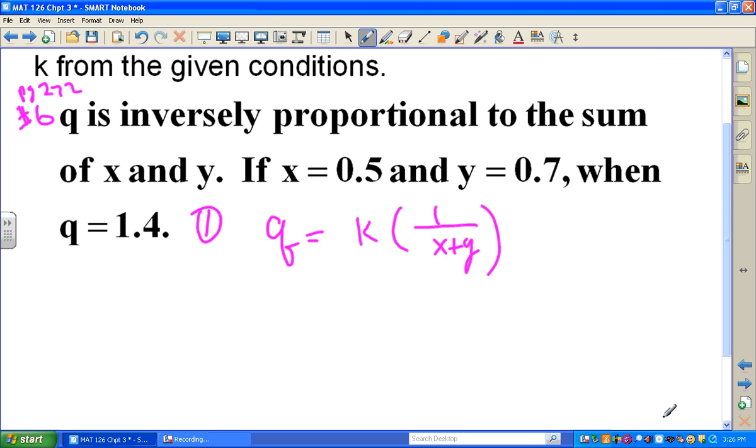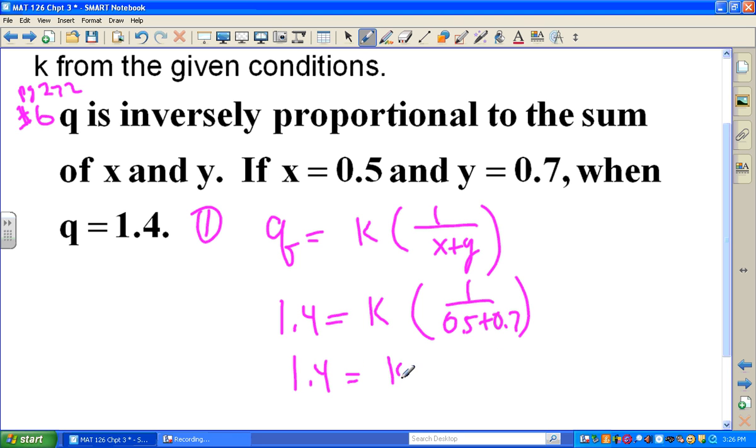And now we're going to move on and put some numbers in. 1.4 equals K, we're going to solve for K, 1 over 0.5 plus 0.7. So 1.4 equals K times 1 over 1.2, or 1.4 equals K over 1.2.